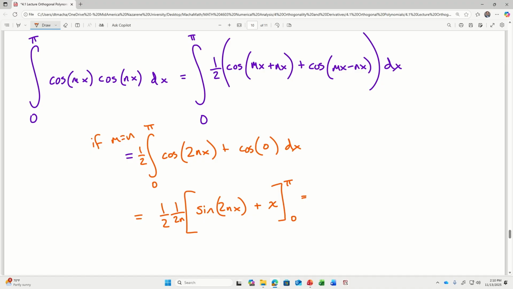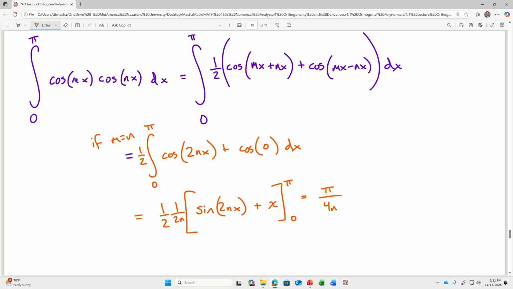So whether I plug in the 0, sine of 0 is 0. And sine of an even integer times pi is 0. Sine of all integers times pi is 0. Plus this, and this is just pi. So it looks like we're sitting at something like pi over 4n. Except I don't think that's right.